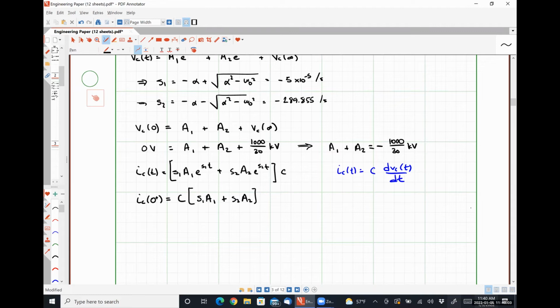So it would have been okay to forget it in this very specific case. Generally speaking, it's a terrible idea to forget it. So I'm glad that I caught it. So S1 A1 plus S2 A2 is equal to 0. We now have two equations, two unknowns. This is our first equation. This is our second equation.